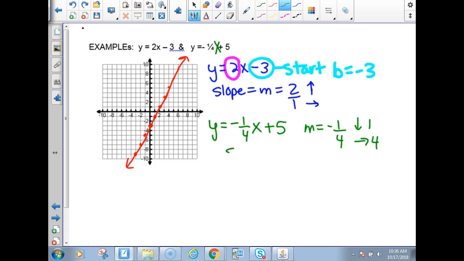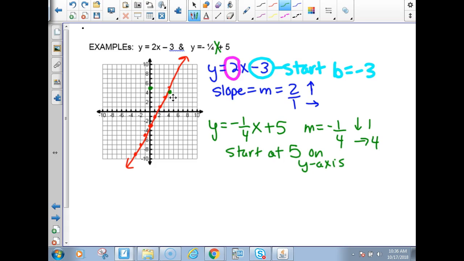Okay, where are we going to start? We're going to start at 5 on the y-axis. We go to 5 here. I'm going to move my slope down 1, right 1, 2, 3, 4.